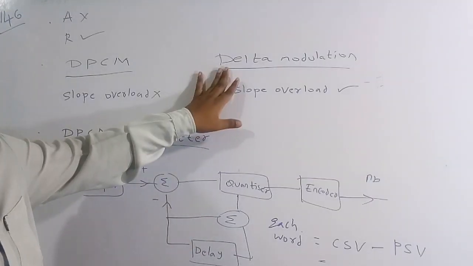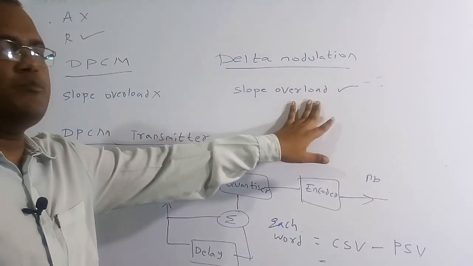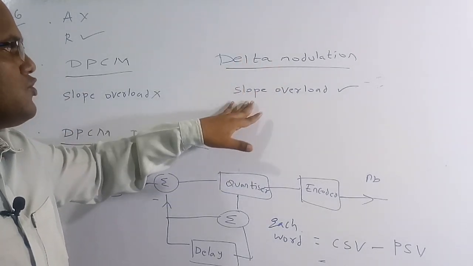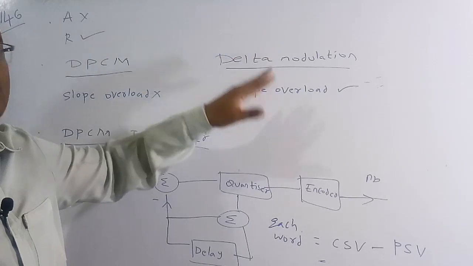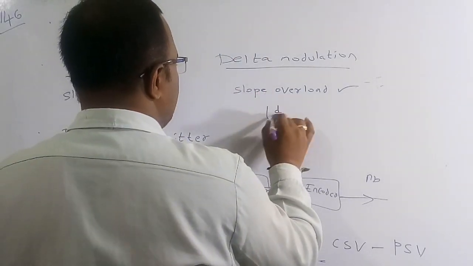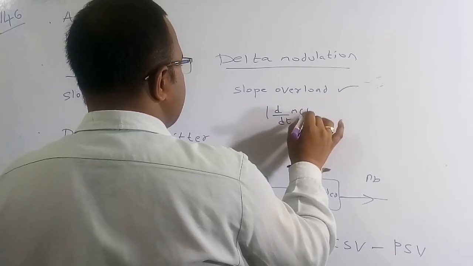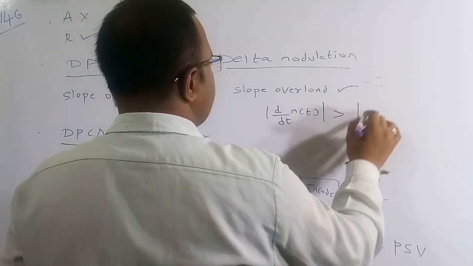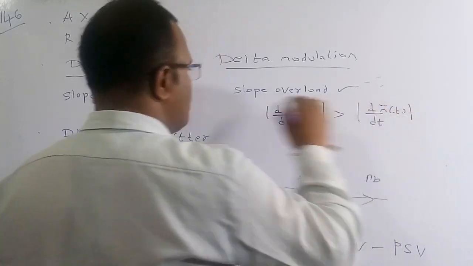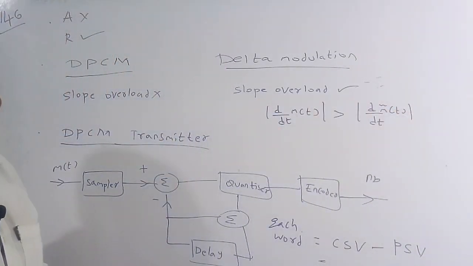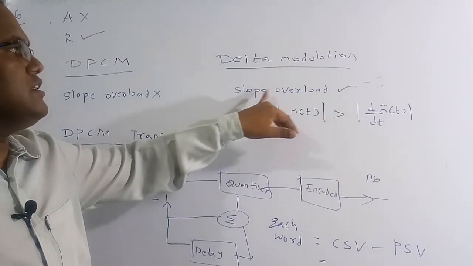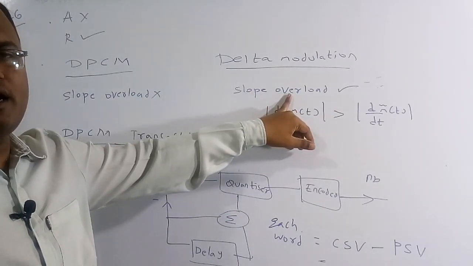In delta modulation, yes, the slope overload problem is discussed. In delta modulation, slope overload occurs. At what condition? We already discussed: when the rate of change of the message signal is greater than the rate of change of the staircase waveform, or we can say the output of the delta modulator. At this condition, slope overload occurs.